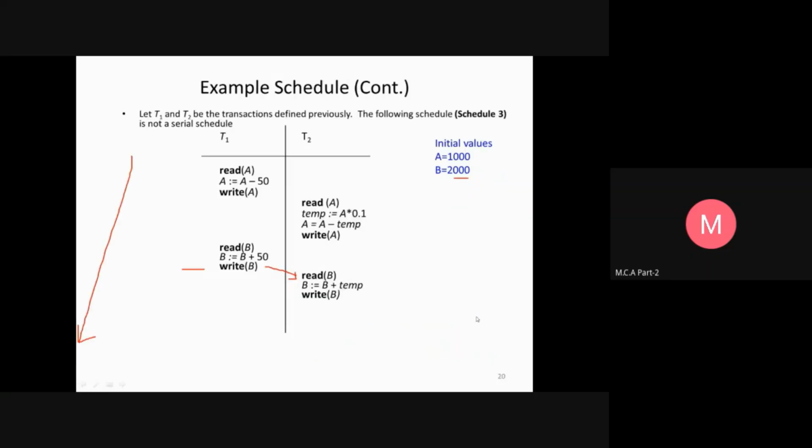And the final writes of these are also 855 and 2145. Note that T2 writes A the last. Okay, so the last transaction that writes A in the schedule is T2, which is 855. And the last transaction that writes B in the schedule is T2, which is 2145, which is the same as what happened in the previous one. So they are equivalent schedules. Okay.